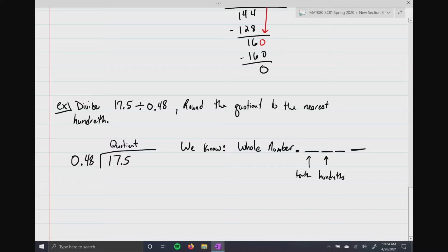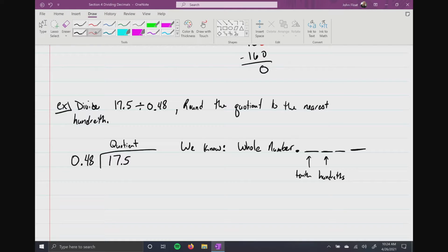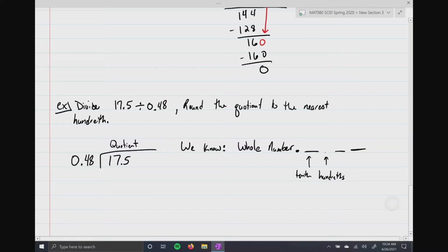And if you think about it, the way we round, and I'm going to use a different color now, the way that we round is we underline the place value that we want to round to, and we look to the right to determine if we round up or round down. So if the question says round to the nearest hundredth, I need 3 total decimal places. That third decimal place is going to help me round. Okay?